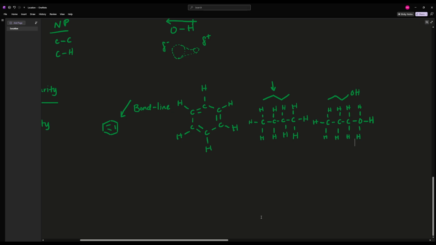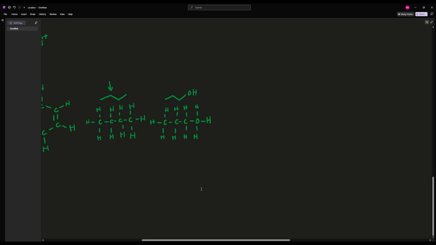Finally, you might see a bond line structure where you see CH3 actually drawn out. For example, here's the amino acid valine. Note how the 2 terminal methyl groups are explicitly drawn.